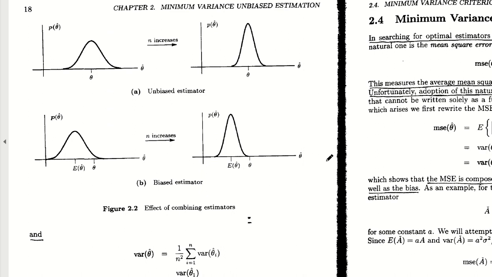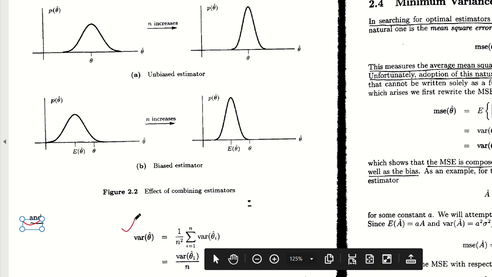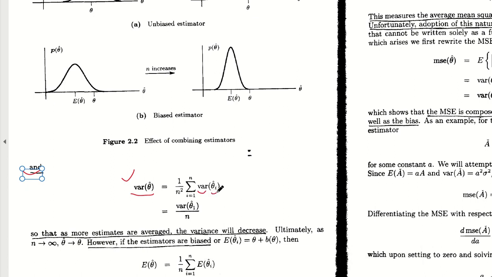And then you take the variance. The variance is the sum of the variances of the individual estimators divided by n squared.